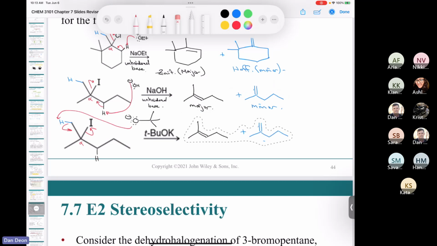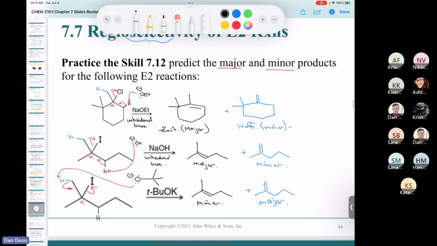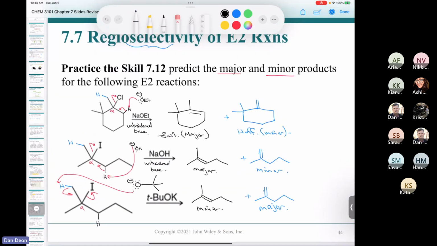But now major and minor have reversed. This is going to be the major product, and then this is going to be the minor product. All right, any questions about that problem? Zaitsev versus Hofmann. Hindered base gives us the Hofmann as the major product, and unhindered base gives us the Zaitsev as the major product. All right.